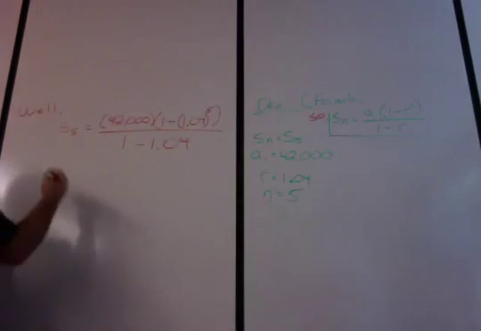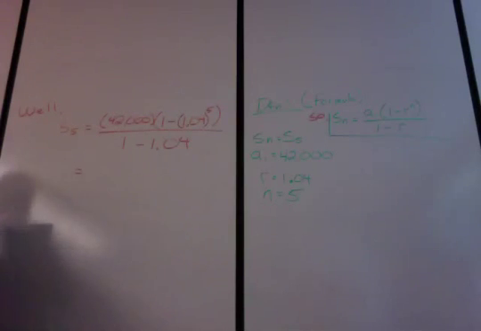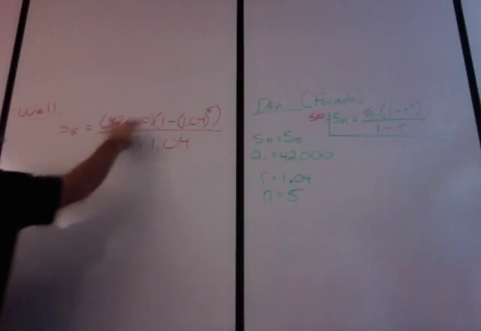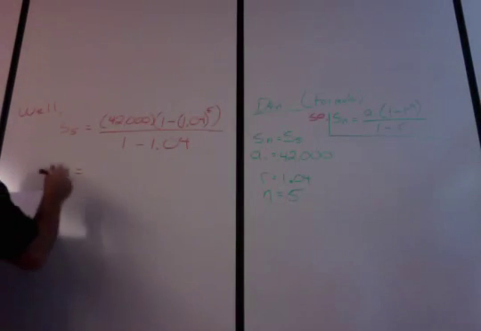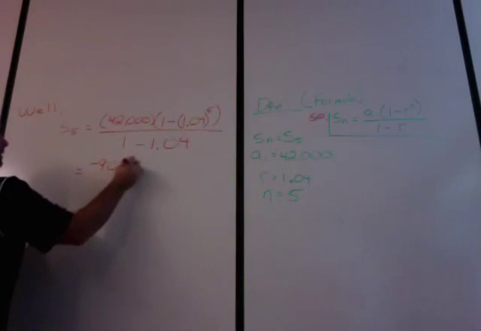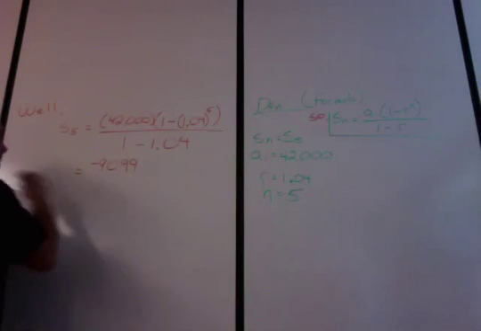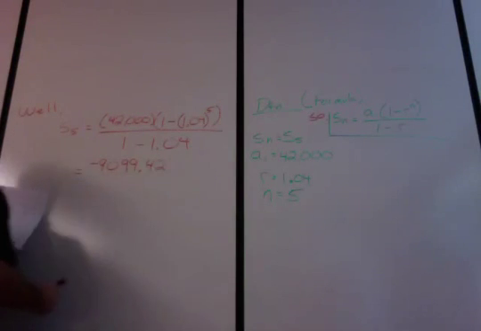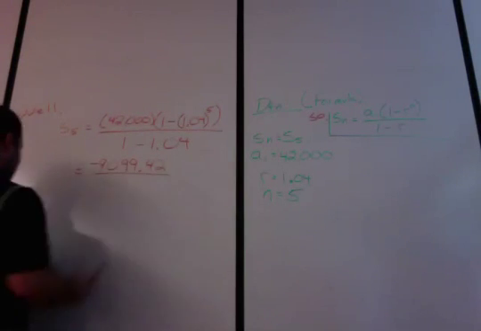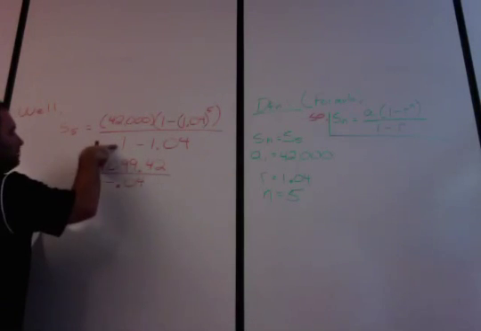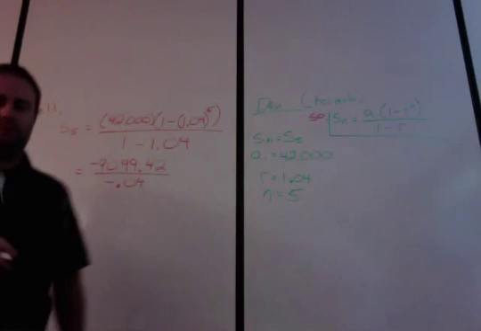Now let's simplify. When I punch in the top the way it is right now, I'm going to get approximately negative 9,099.42. Looks a little crazy. Over negative 0.04. I just subtracted 1 minus 1.04.